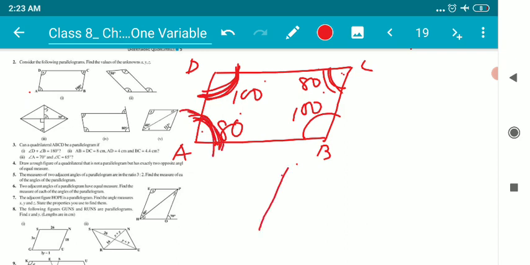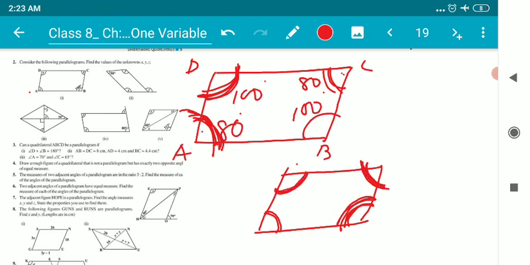If I draw a figure like this, another parallelogram, this angle and this angle are adjacent. Again, children, this angle and this angle, they are adjacent. Again, this angle and these angles are adjacent. The meaning of this word adjacent is neighbor.